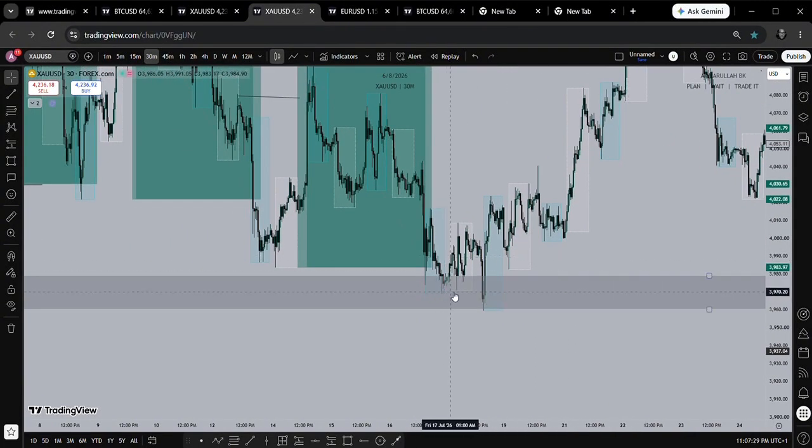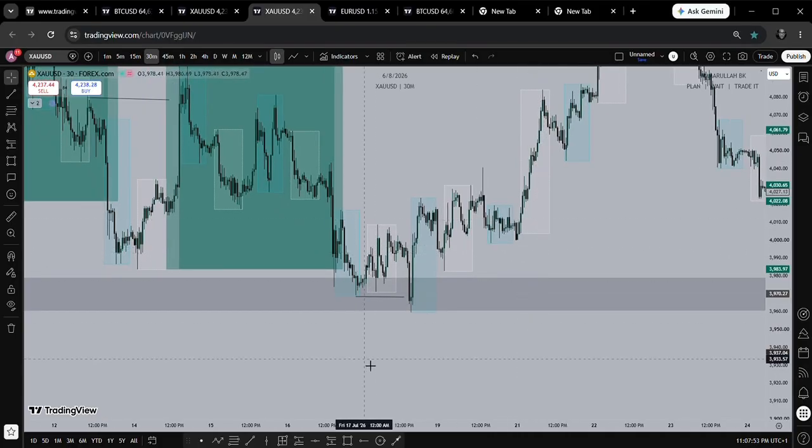It tapped it, made this high, then came back and swept this low as a liquidity sweep. So now after it swept this liquidity, we are not expecting the market to come down lower than this low, because this is now automatically a protected low, a strong low. Then this high, after making this low, took out this one, which is a change of character or market structure shift, whatever you call it.